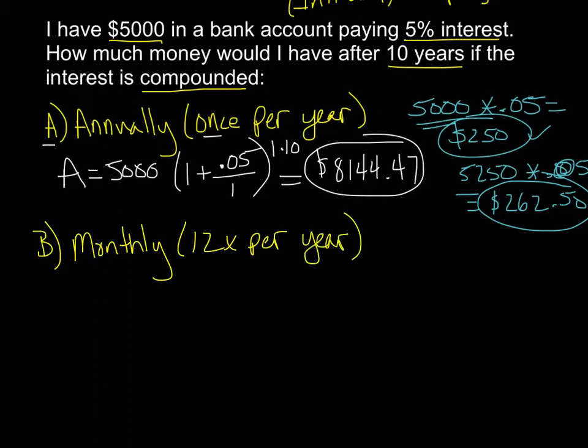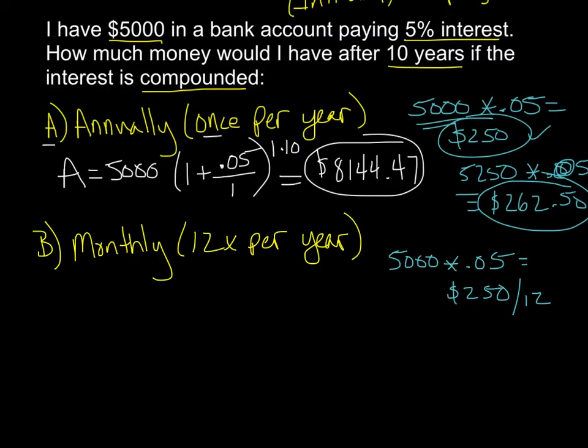So when I get my interest 12 times per year, I still get 5,000 times 0.05. I'm still going to get my $250. But instead of waiting till the end of the year, instead of waiting till New Year's Eve and getting $250, they're going to do something different. They're going to break that interest into 12 equal parts.